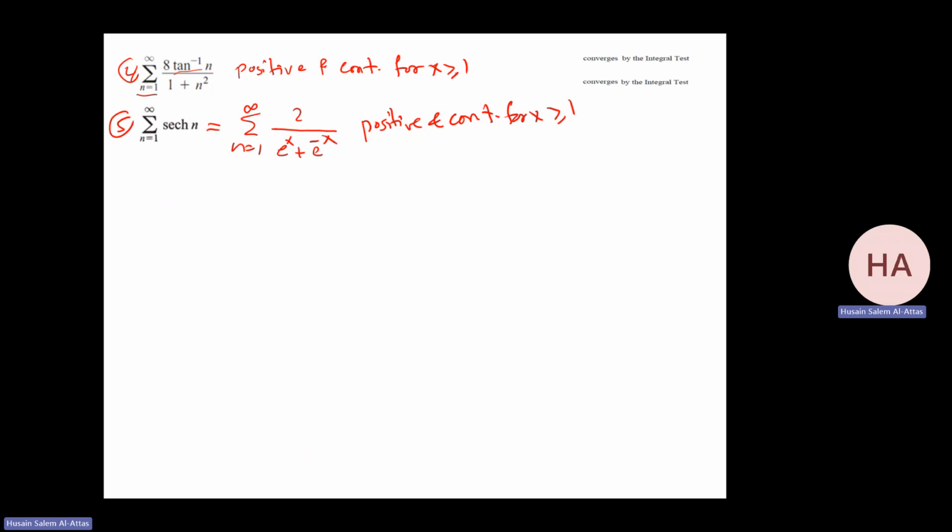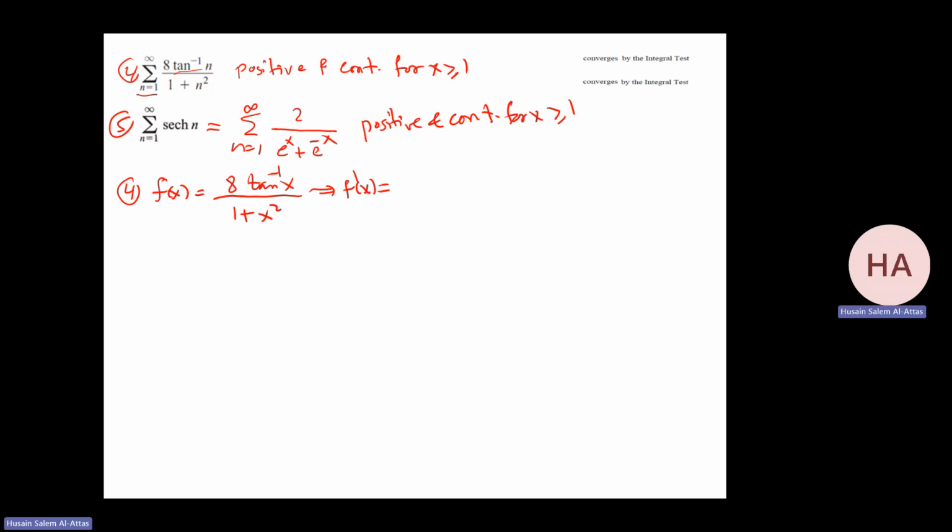So let's check the integral test. I need to check these two functions to be decreasing. Okay, let me do the first one. What is my f of x? 8 tan inverse of x over 1 plus x squared. What will be f prime?